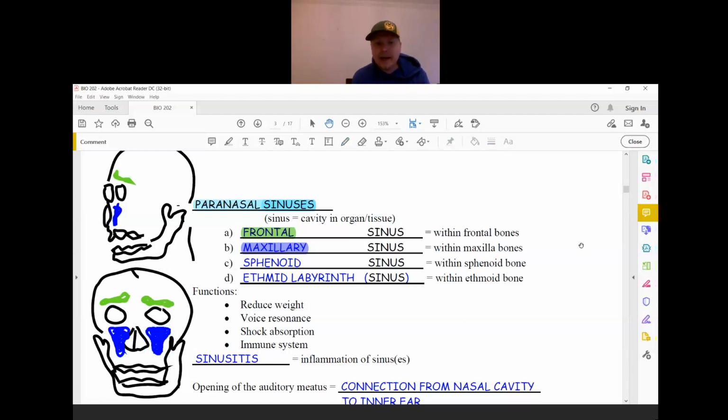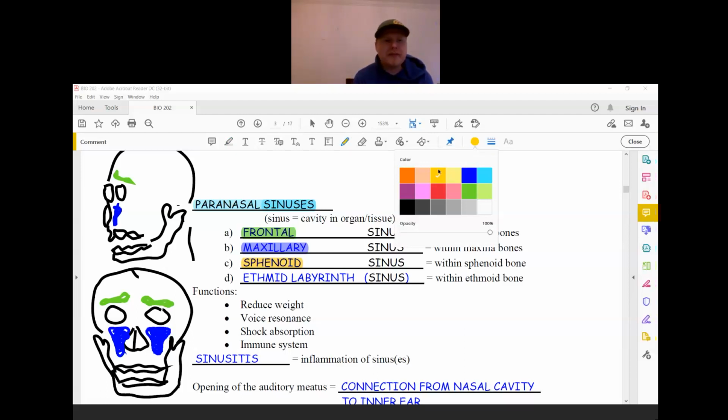The next one, let's look at our sphenoid sinus. So sphenoid sinus is located within the sphenoid bone. And you might remember that the sphenoid bone was located quite far back. So let's add that. It's going to be hard to see it really from the front view.